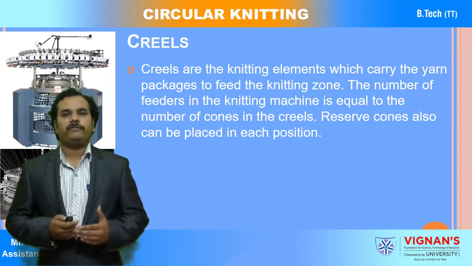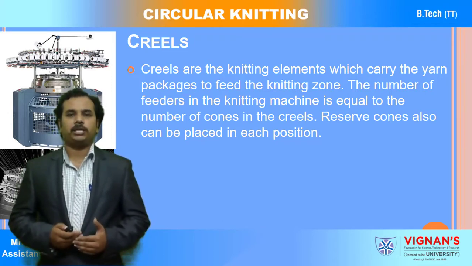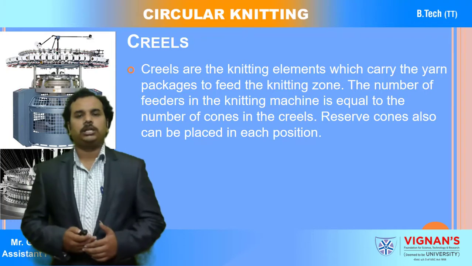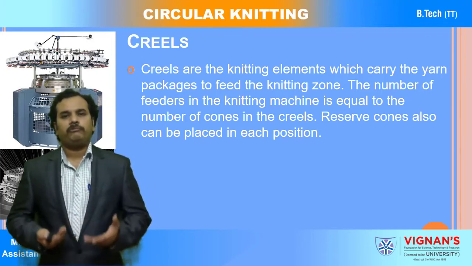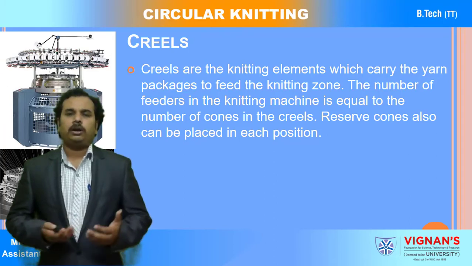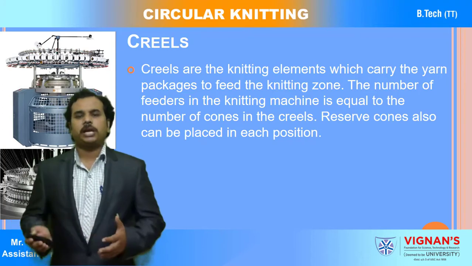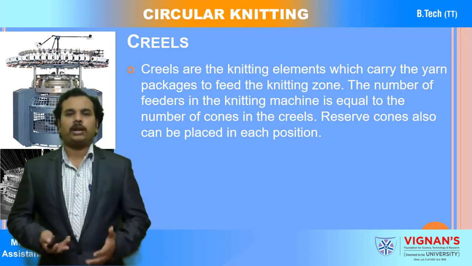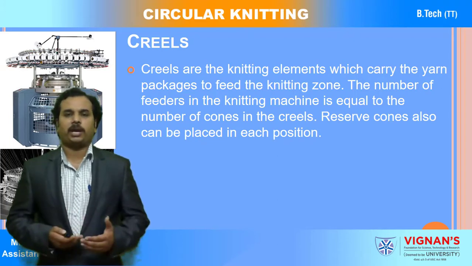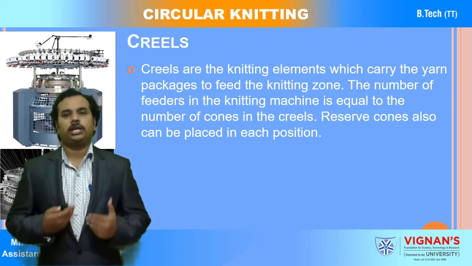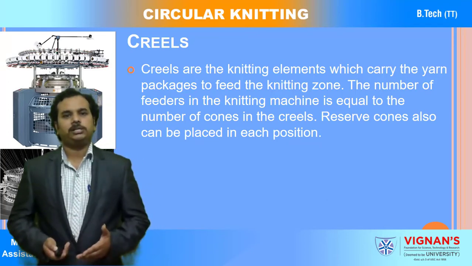If we have 90 feeders, 90 weft packages are required. Reserve cones will also be present beside the creel, so whenever a package is exhausted, it is removed and replaced with a new package in the creel section.